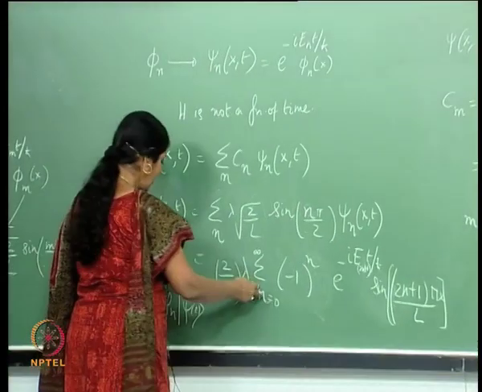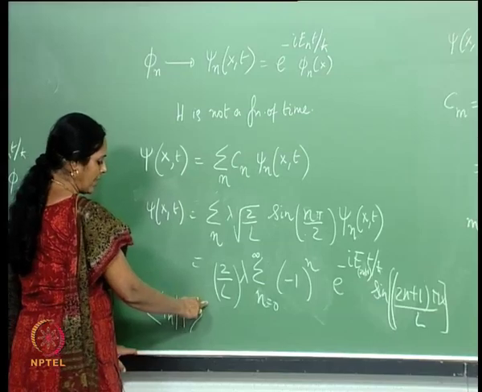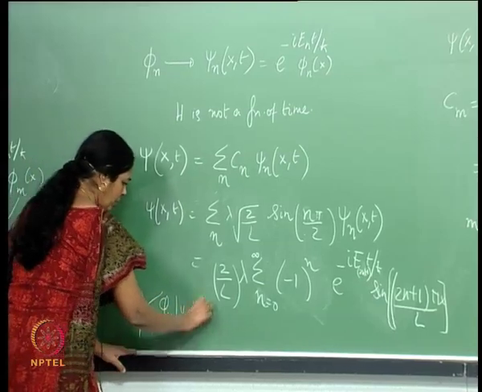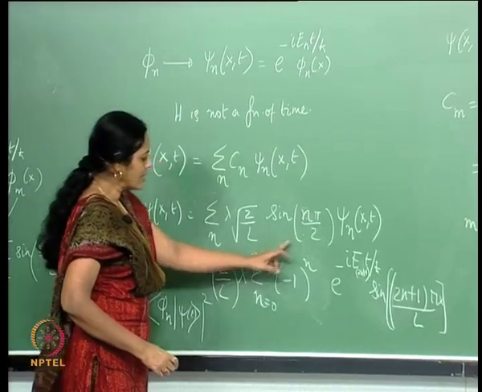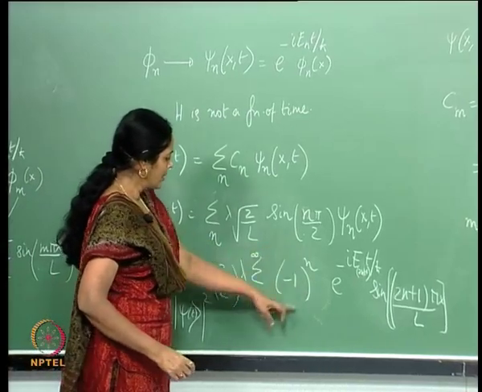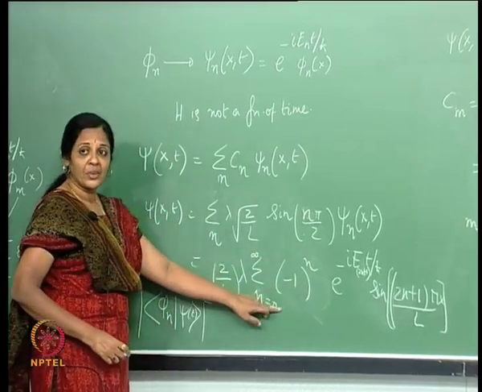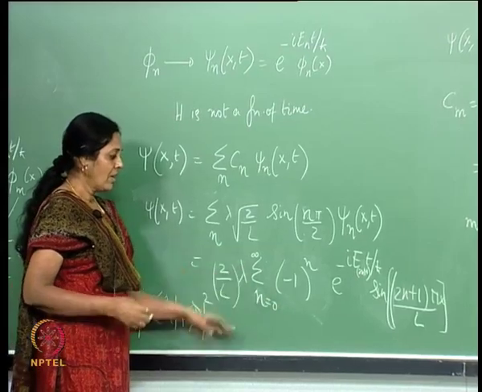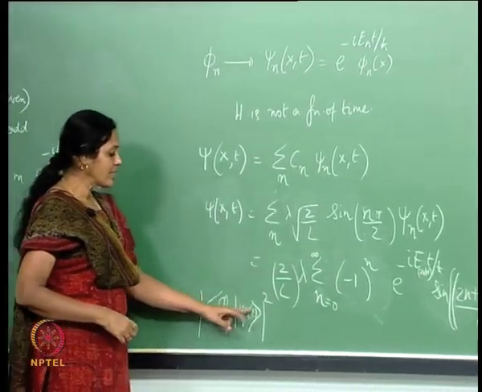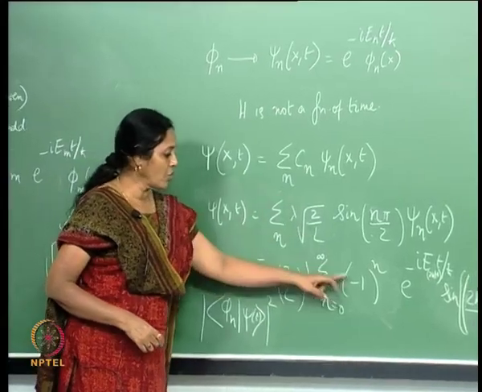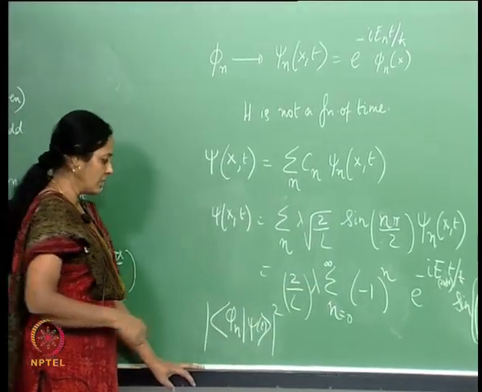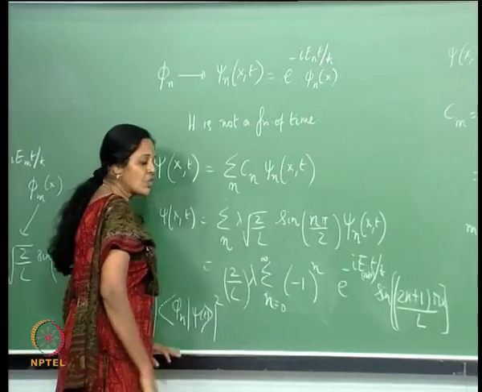You can see there is going to be a mod square that comes up for the probability, and that is essentially going to involve this object mod square. In fact, these Cn's are non-zero only for odd values of n.